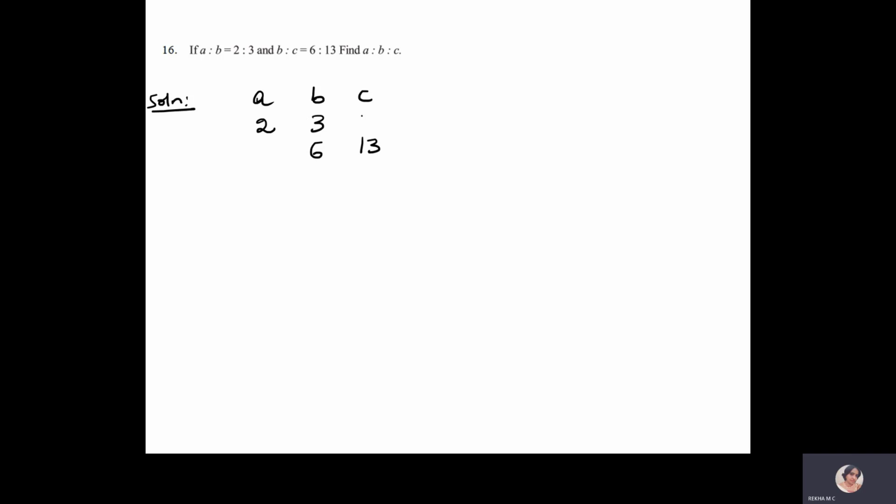So here you can just write this 3, here you can just write this 6. Then multiply, 12:18, 6:3, 13 into 3, 39. So it can be reduced as 4:6:13. Okay, so 4:6:13. That is A is to B is to C.